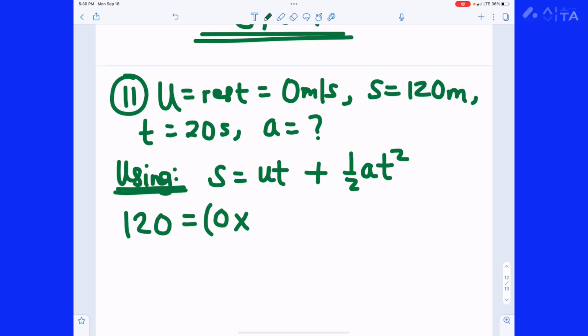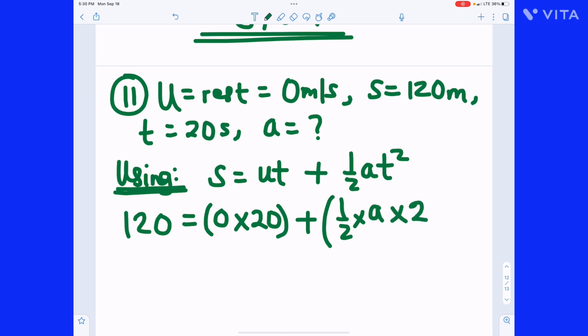So distance 120 meters. Initial velocity, which is u, is 0. So I'll write 0 for it. Times time 20 seconds, plus half times acceleration, which we are looking for, times time squared, 20 seconds squared. Can you see that?